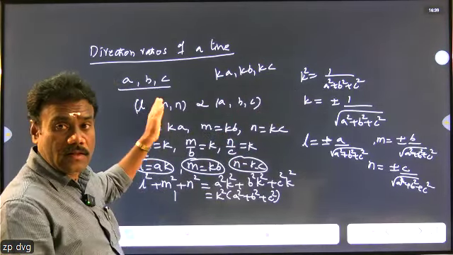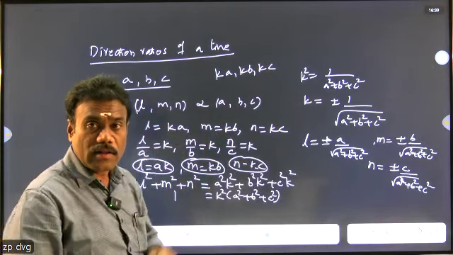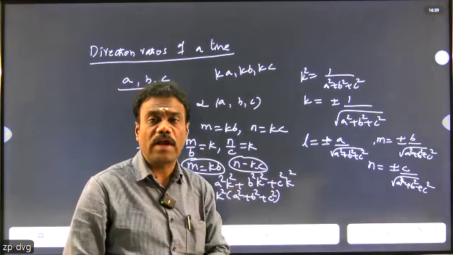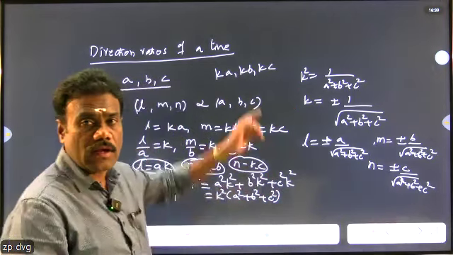So if a, b, c are the direction ratios of a line, then ka, kb, kc are also sets of direction ratios of the line. Here k is any constant.